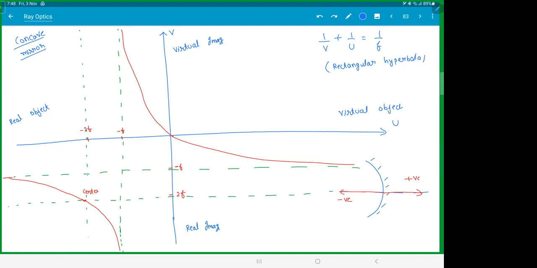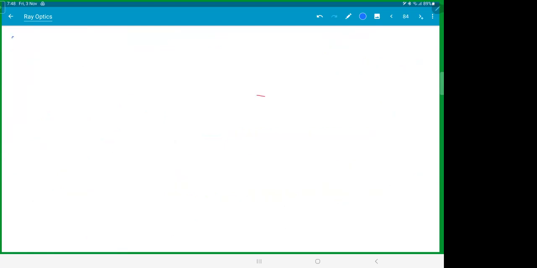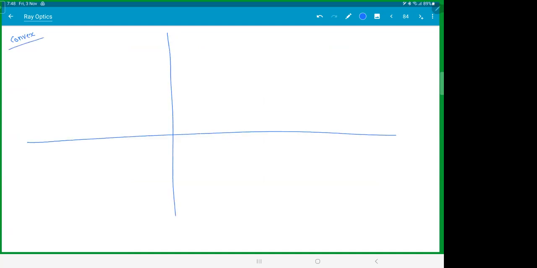What about convex? Convex is similar, but a little reversed. Remember, in convex the image is always virtual.